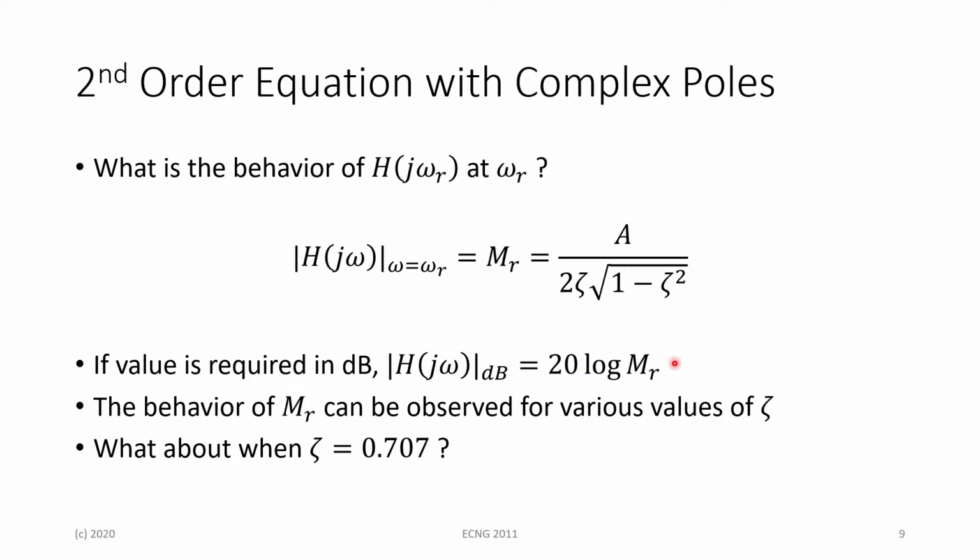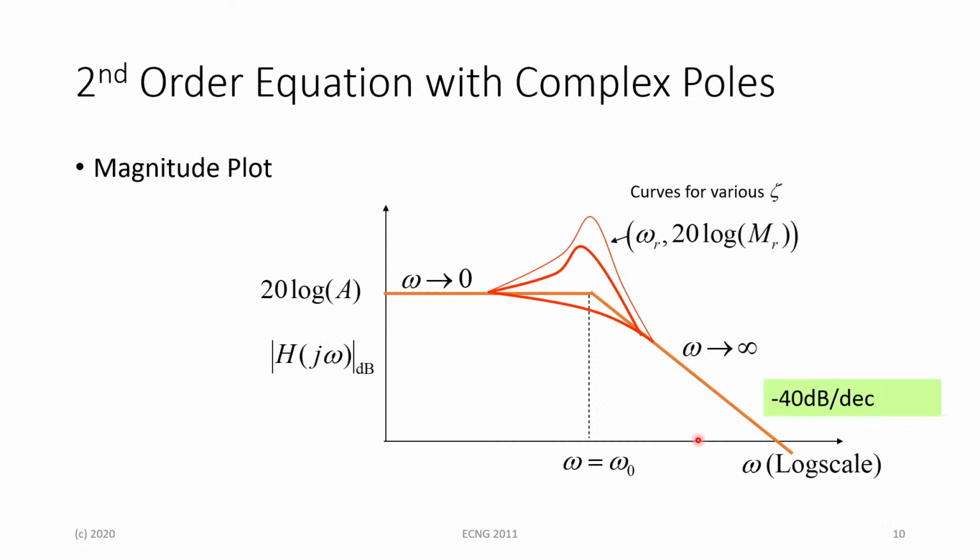This also holds true for the same range of zeta between 0 and 0.707. When zeta equals 0.707, this equation resolves such that there is no longer any maximum resonance. So the true plot gives us an idea of where this maximum resonance occurs.